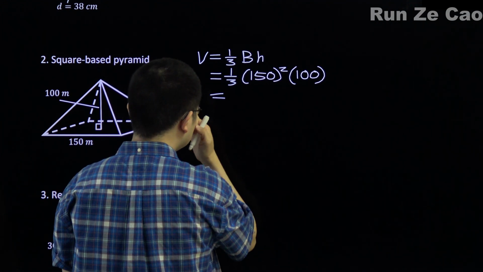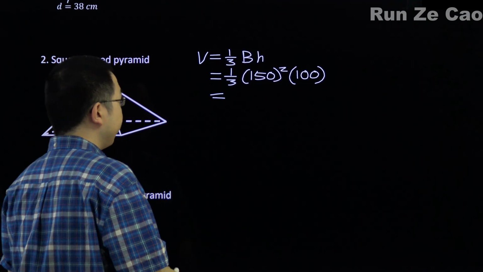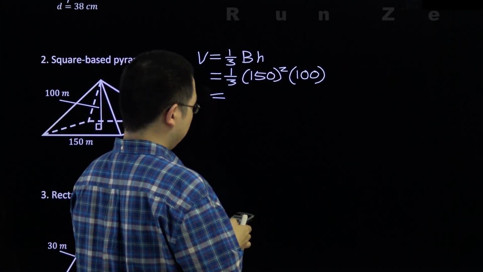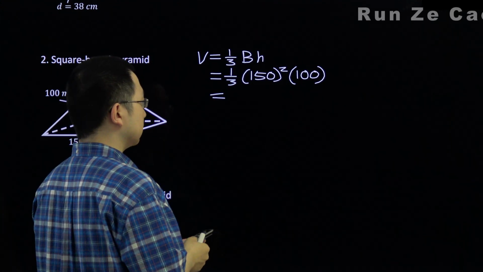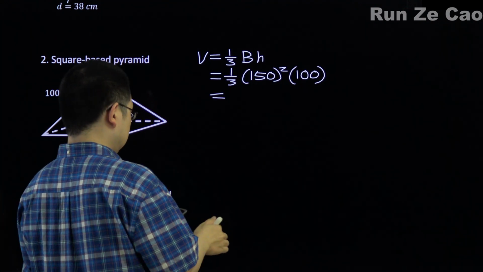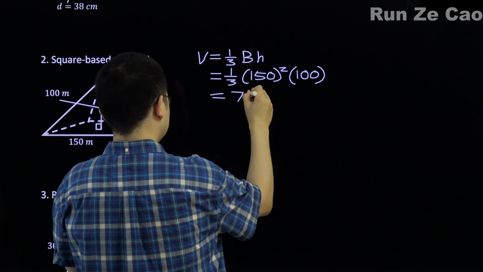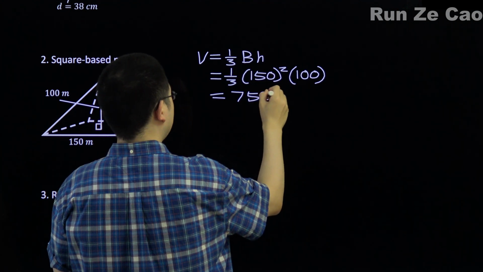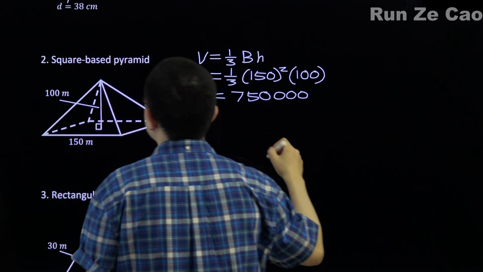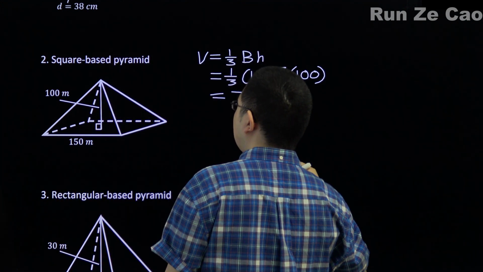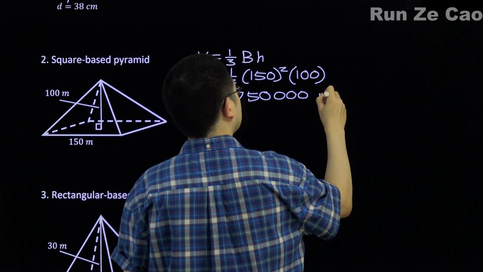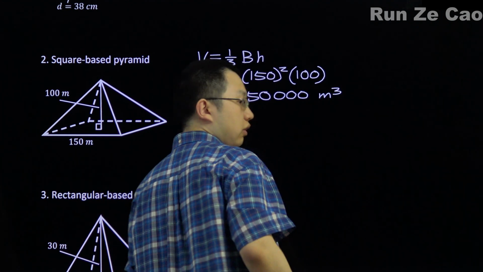So that's going to be 50 times 150 times 100, or just 5,000 times 150. Yeah, it's going to be 750,000. So what are the units? Well, it's in meters, all the measurements. So this is in meters cubed for the volume.